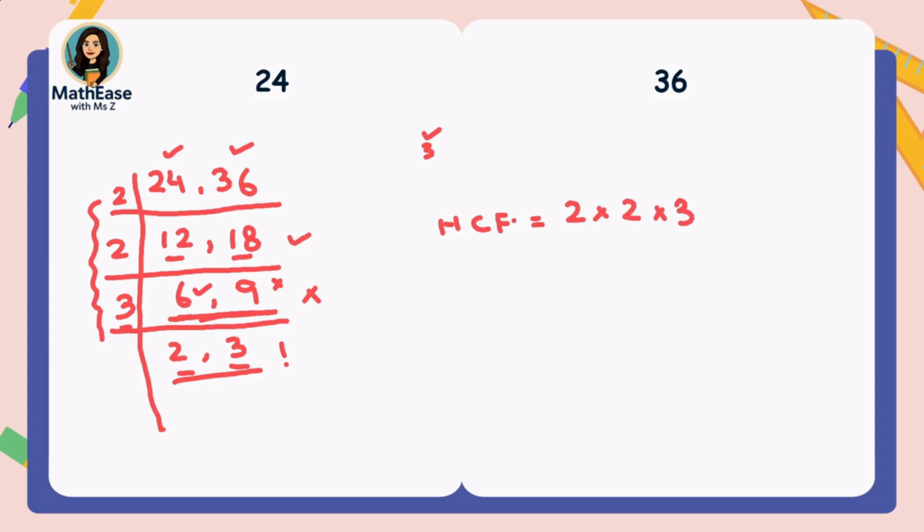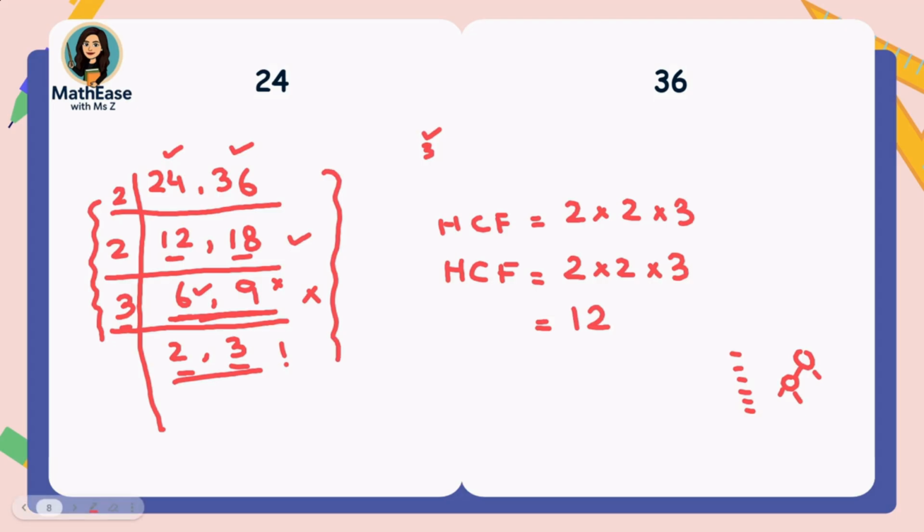So we are going to write that the HCF of 24 and 36 is 2 times 2 times 3, which equals 12. See how clean that was? Instead of writing big lists or separate factor trees, we just divided both numbers side by side until no more common prime numbers were left. Moving on to the next example.